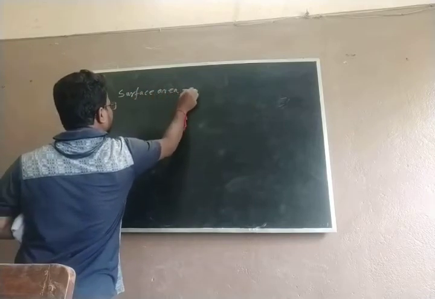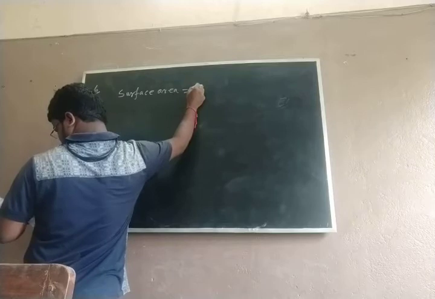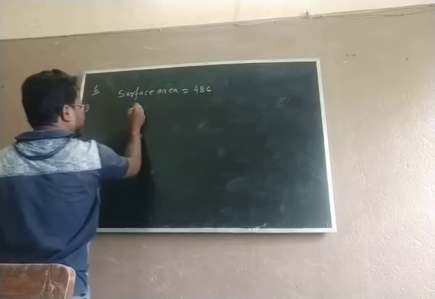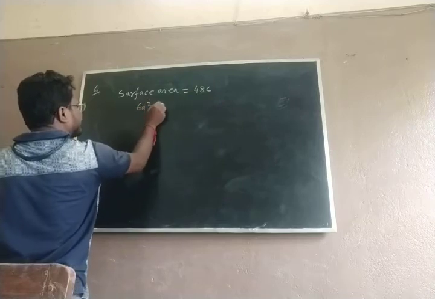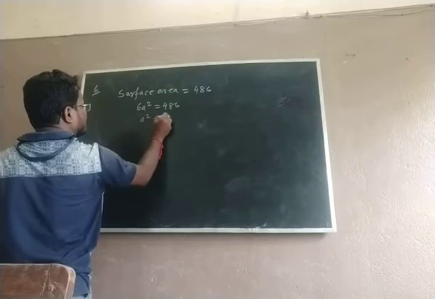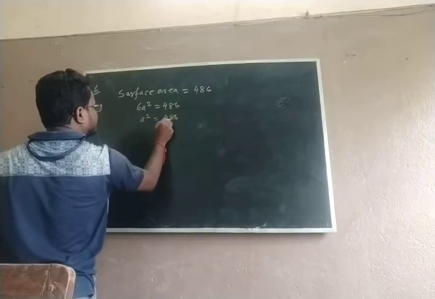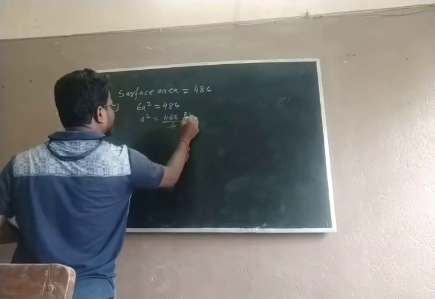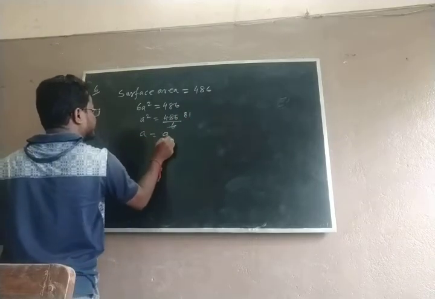Surface area equal to 486, so 6a square equals 486. a square equals 486 by 6, a equals 9.